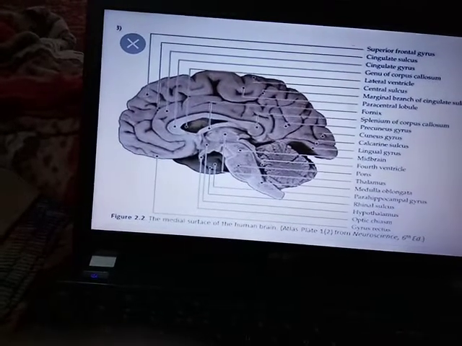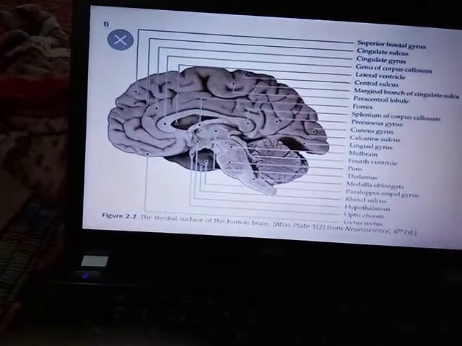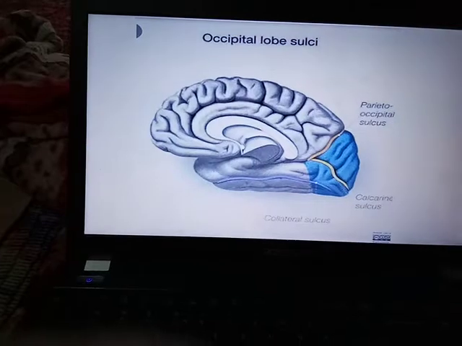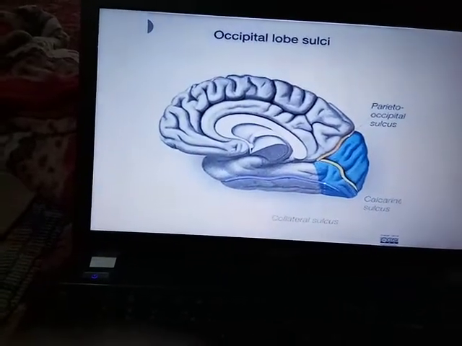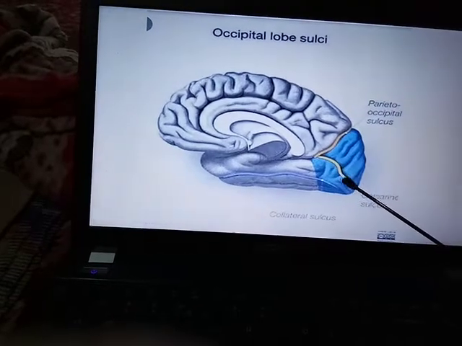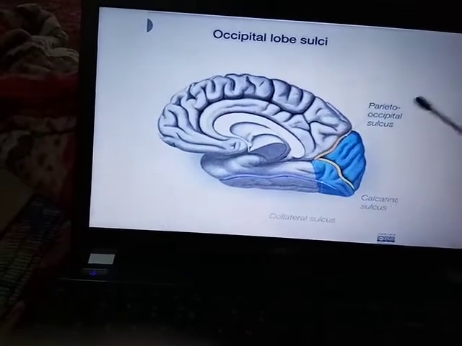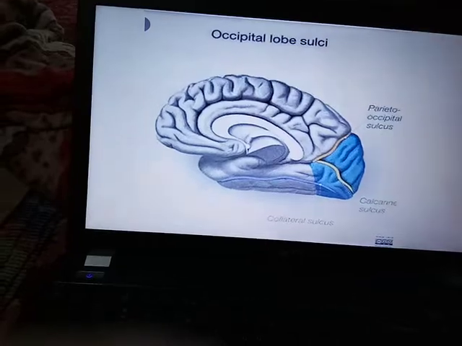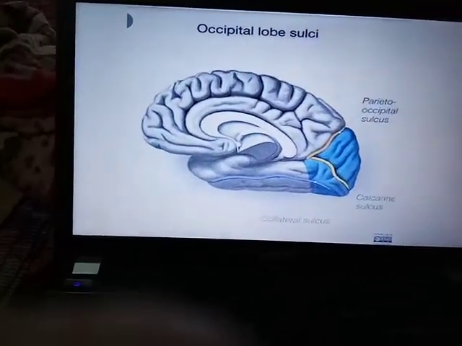These are the secondary visual areas. So the calcarine sulcus is the example of the operculated as well as the axial sulcus.